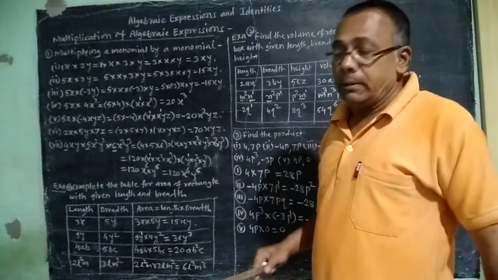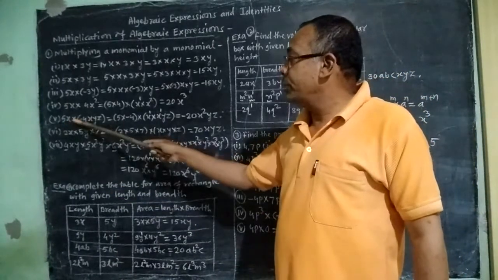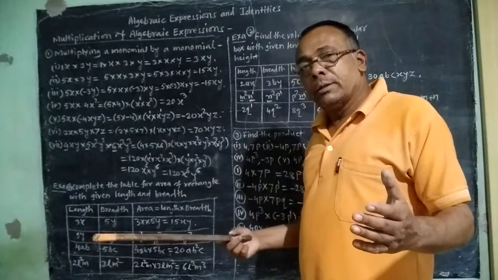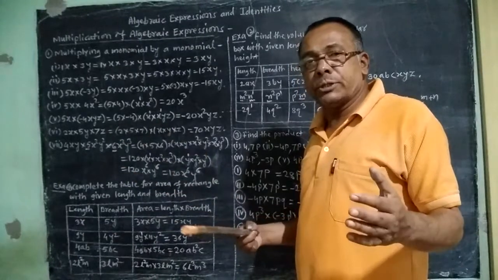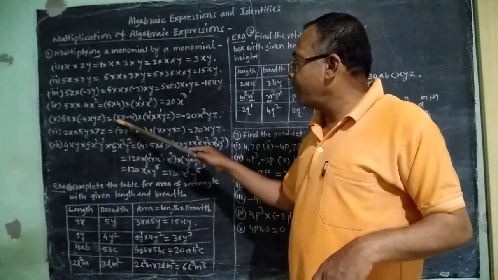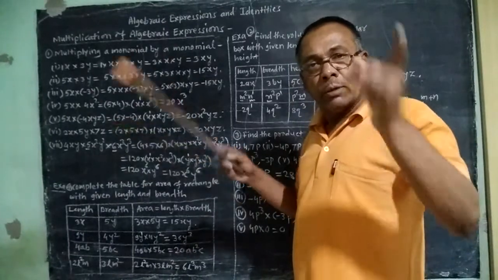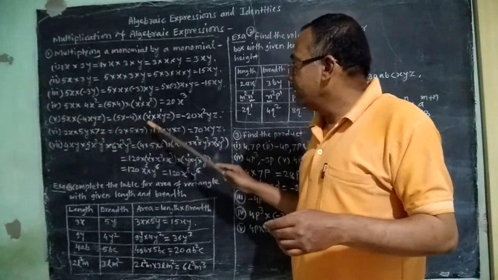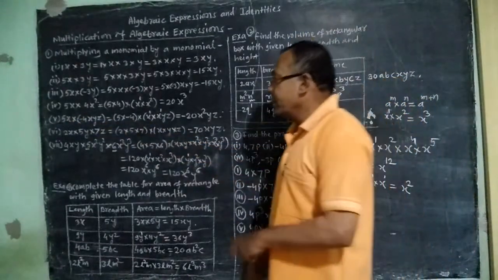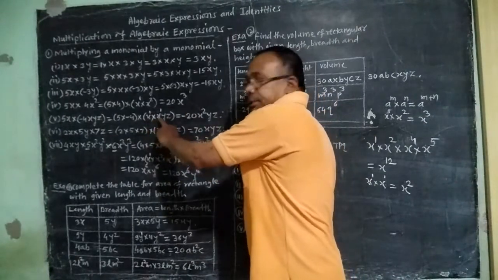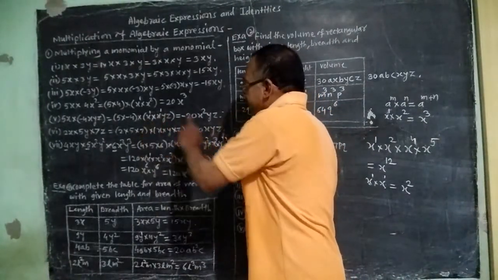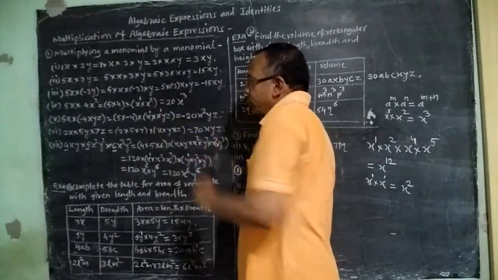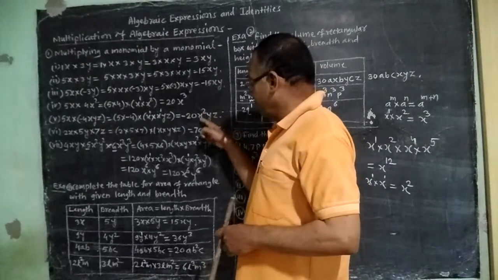In the fifth example, 5x into minus 4xyz, again we have to take the numerals or the coefficients together. Here 5 into minus 4 in the first bracket, and in the second bracket x into xyz. But here x into x means we have to write x only one time and add the exponents, that is 1 plus 1 is equal to 2, so x square.